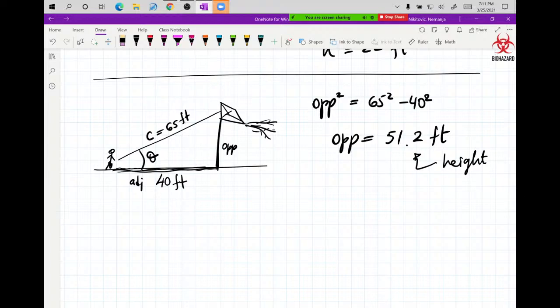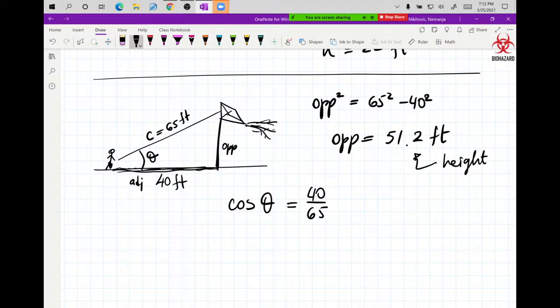Can anyone tell me which trig function is adjacent and hypotenuse? Cosine. Beautiful. Cosine. So cosine of the unknown angle, call it theta, you can put capital A, you can put anything, is going to be adjacent over hypotenuse.